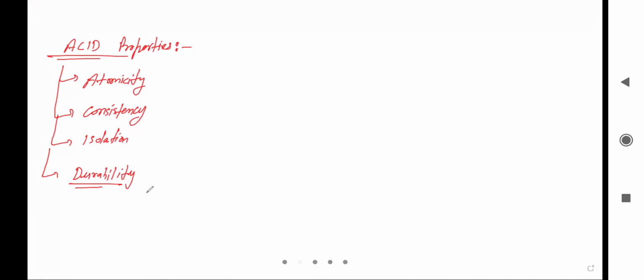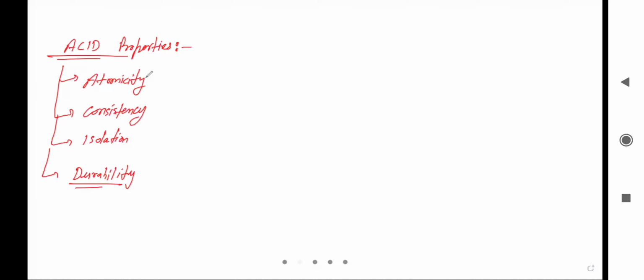So firstly, we'll start with ACID property. Okay, that atomicity. But एटॉमिसिटी स्टार्ट करने से पहले ये देखते हैं कि एसिड प्रॉपर्टी क्यों फॉलो करते हैं, why we apply the ACID property.